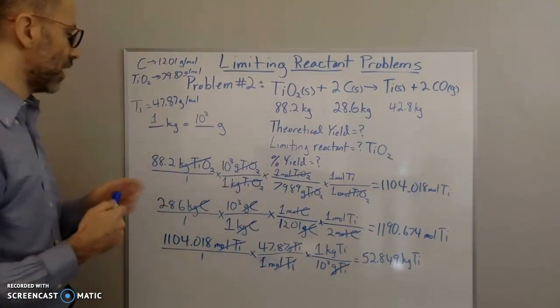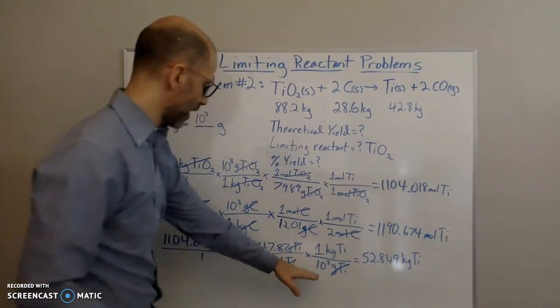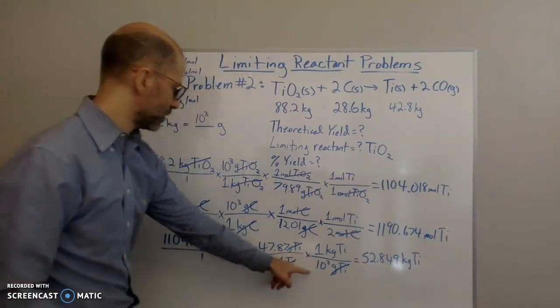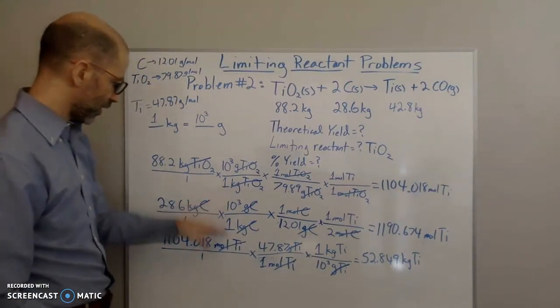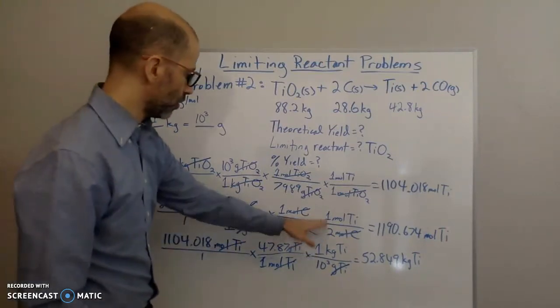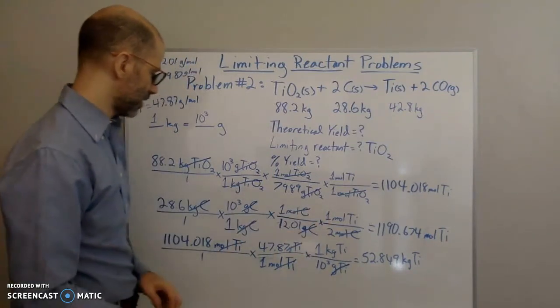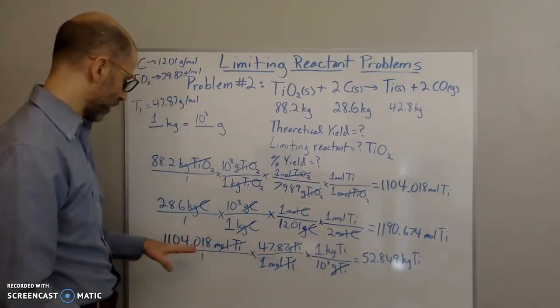I have to decide on the number of sig figs. So anything that's exact, so the kilograms to grams is exact, I'm going to ignore that. This again, kilograms to grams, I'm going to ignore. I'm going to ignore the 1 to 2 ratio because that's exact. So, and all the molar masses I will pay attention to.